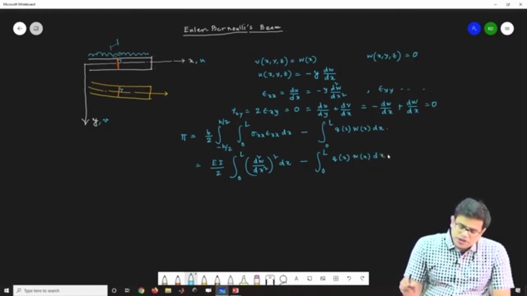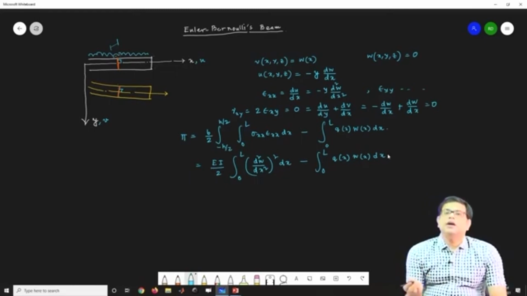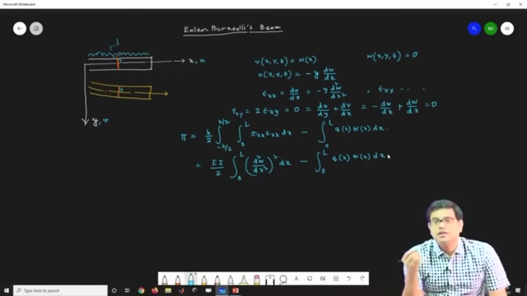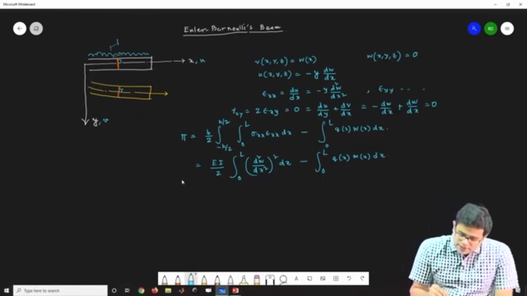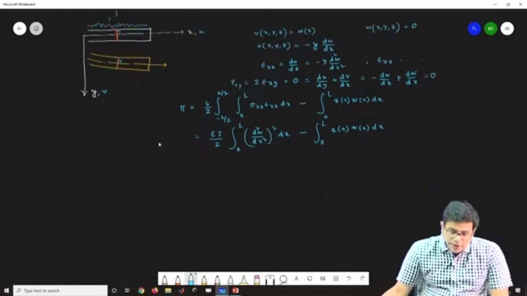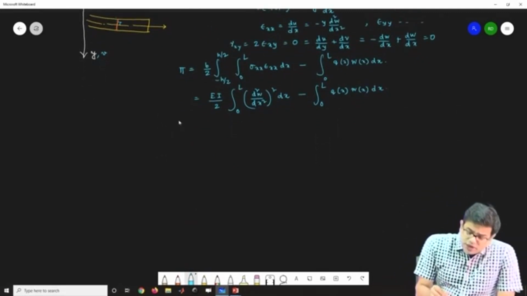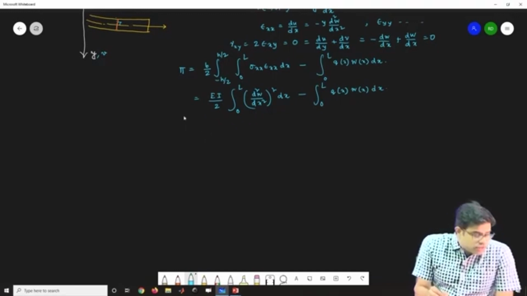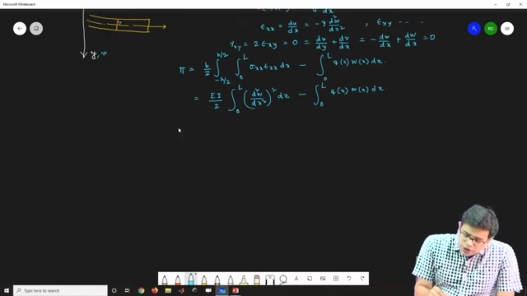So this is my potential energy, and by taking the first variation, as we have discussed in lecture module 2, we find out the governing equation of the beam, which is a fourth order differential equation.